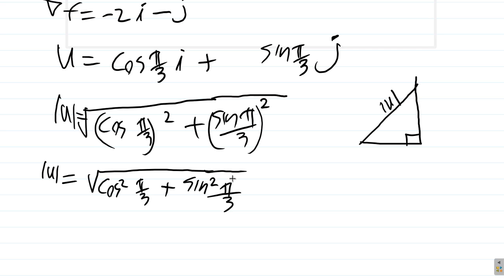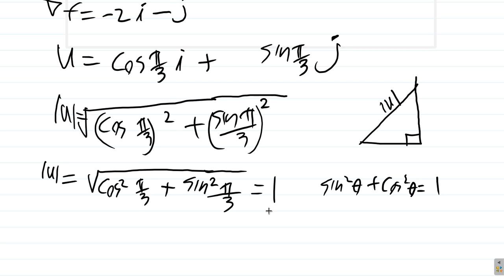You remember this trig identity: sin²θ plus cos²θ equals 1, whatever θ is. So it's going to be the square root of 1, which is 1. Fortunately for us, the magnitude is 1, so we're dividing by 1.